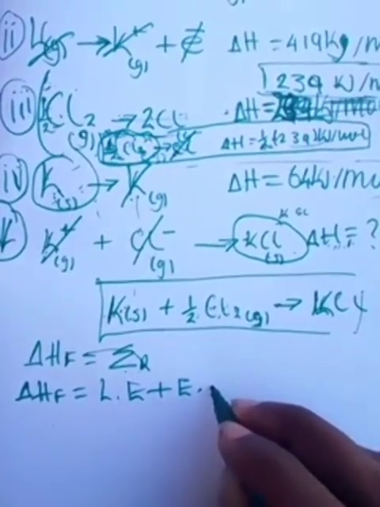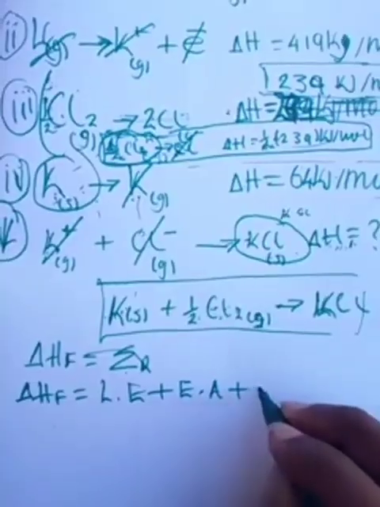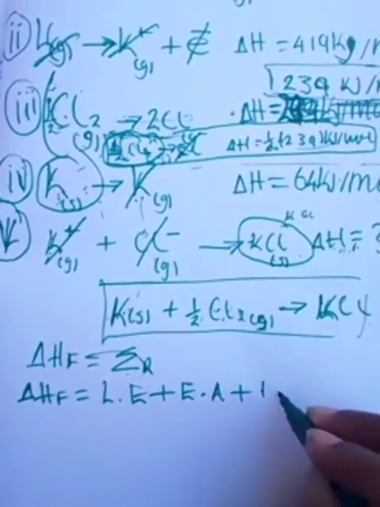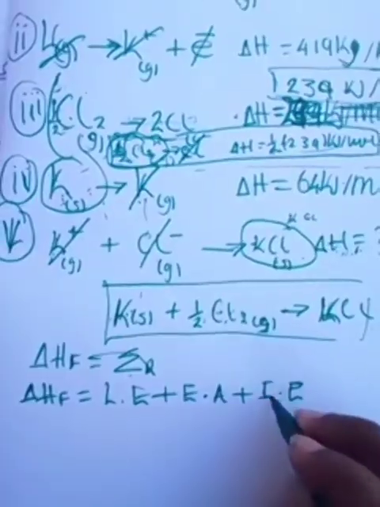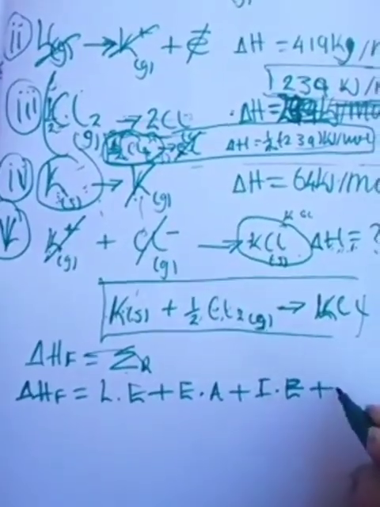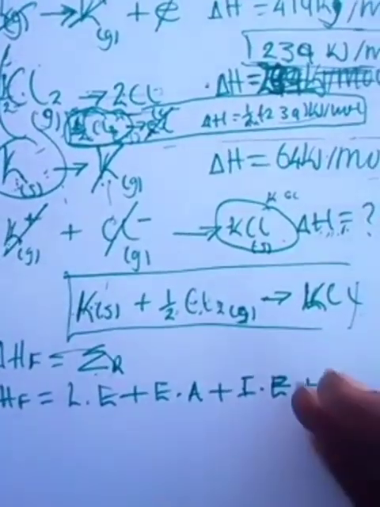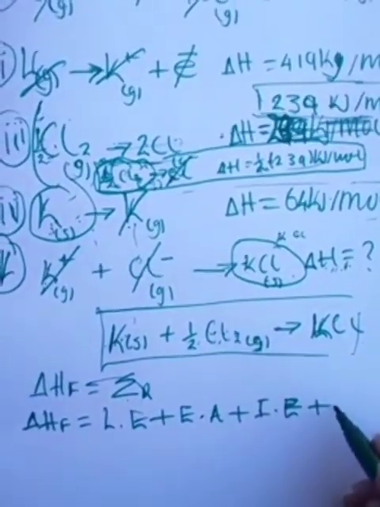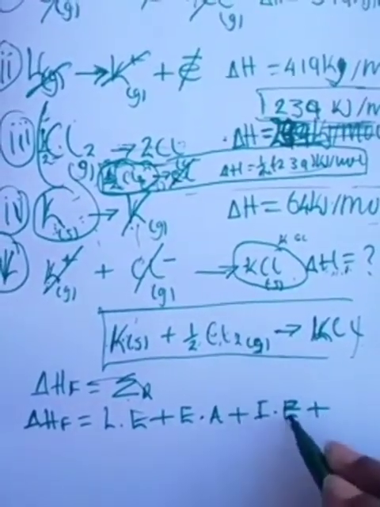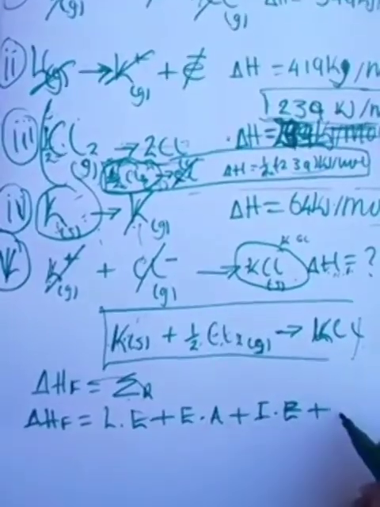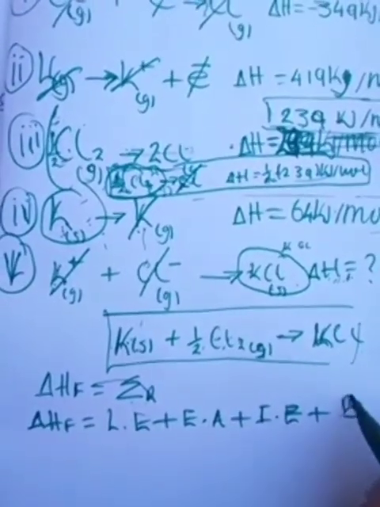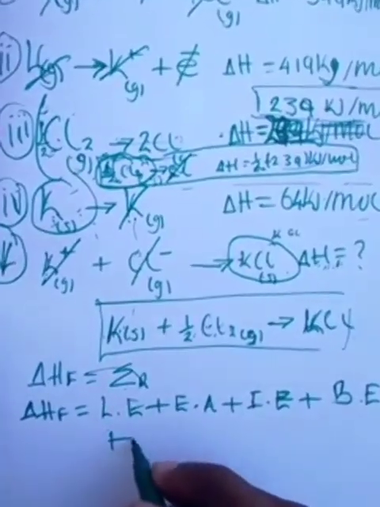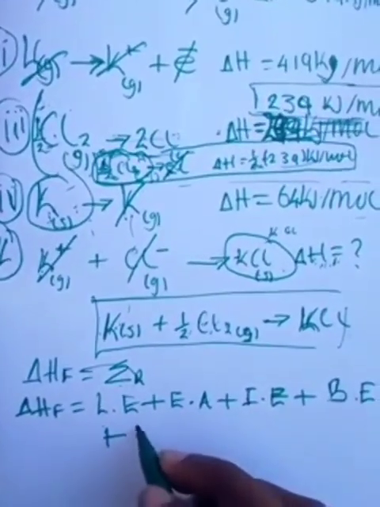electron affinity plus ionization energy, then we will also have bond energy, and sublimation energy.